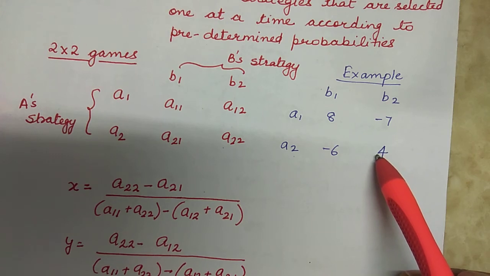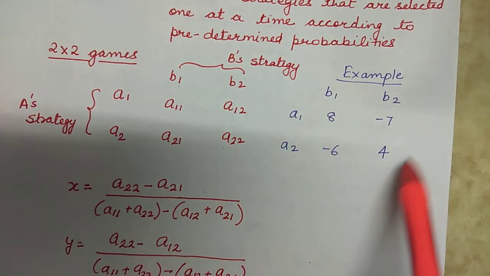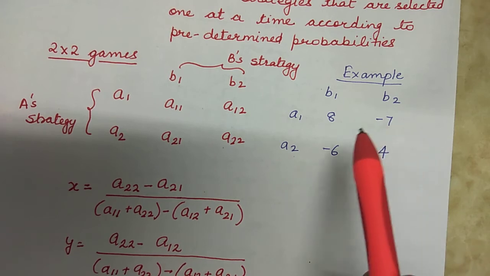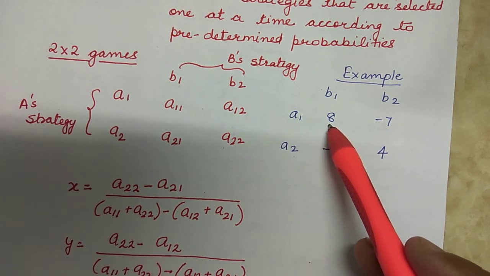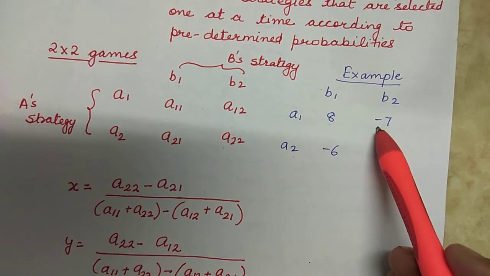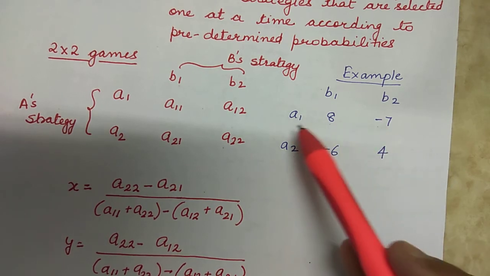In the previous video, I told you that this game is always from A's point of view, which means that a positive payoff means profit or a positive point to A, while negative shows some kind of loss or some kind of negative outcome to A.